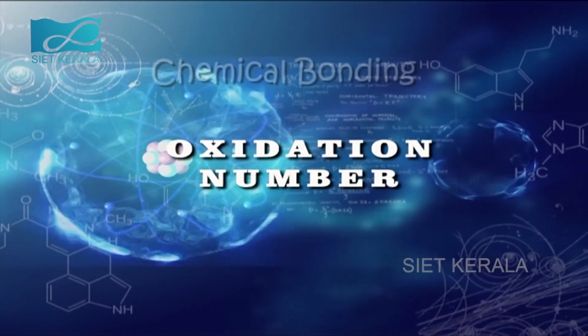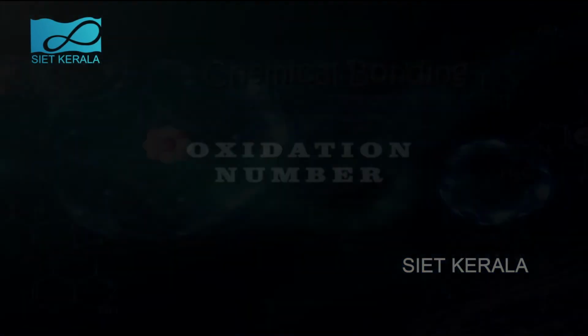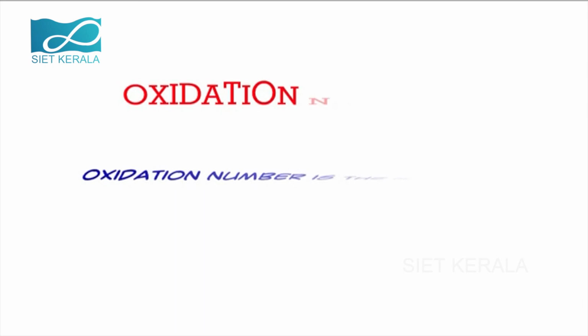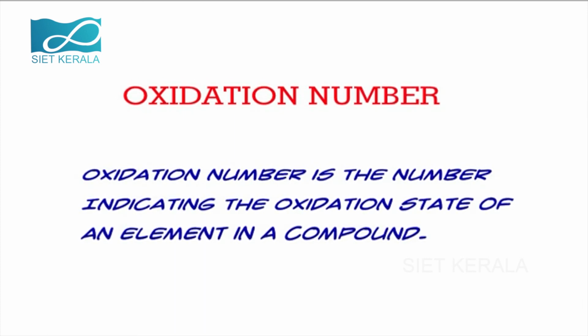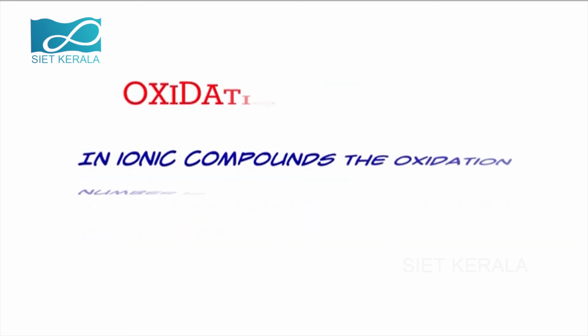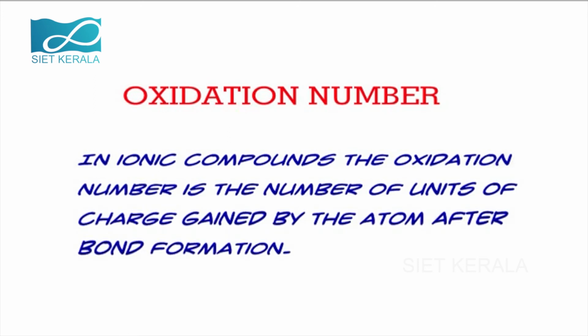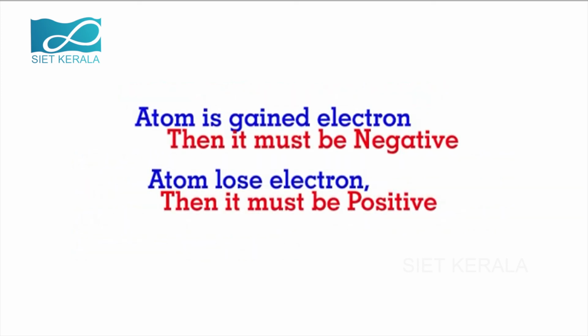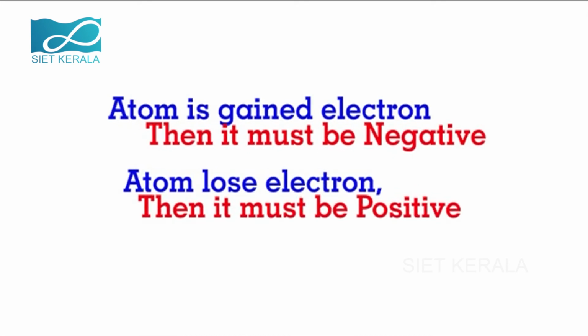Oxidation number. Oxidation number is the number indicating the oxidation state of an element in a compound. In ionic compounds, the oxidation number is the number of units of charge gained by the atom after bond formation. If an atom gains electrons after bond formation, it must be a negative number.